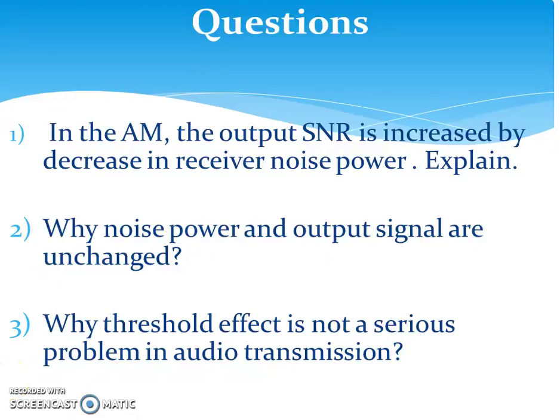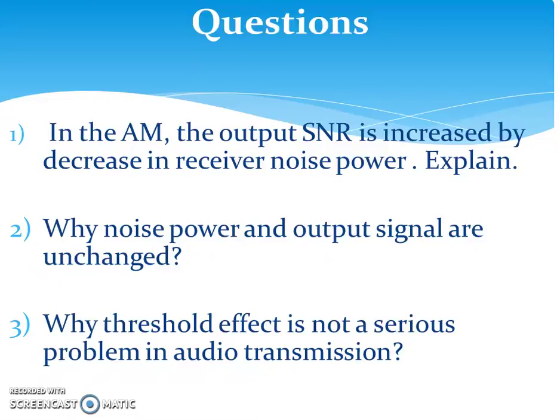Now let's go to the next question. Why are the noise power and output signal unchanged? So here's the answer. We have seen that the output noise power spectral density rises parabolically with frequency. Practical message signals have a power spectral density that decreases with increasing frequency.